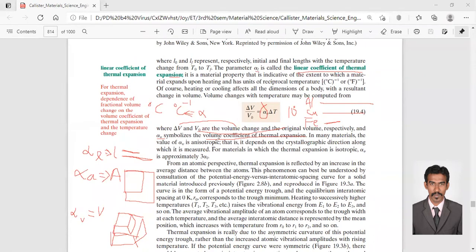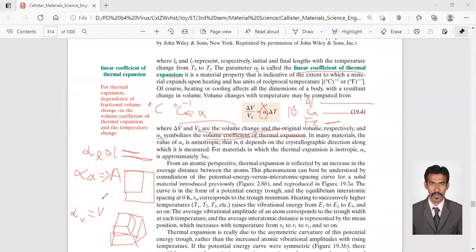In many materials, the value of alpha V is anisotropic, that is, it depends on the crystallographic direction along which it is measured. For materials in which the thermal expansion is isotropic, alpha V is approximately 3 alpha L, right?